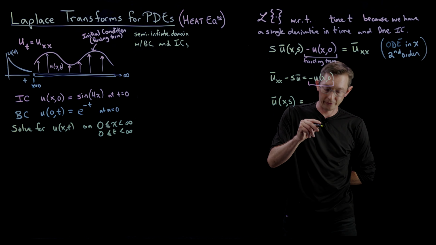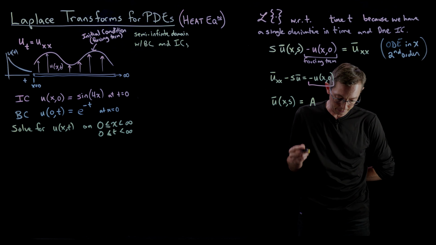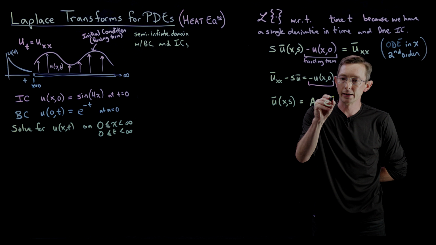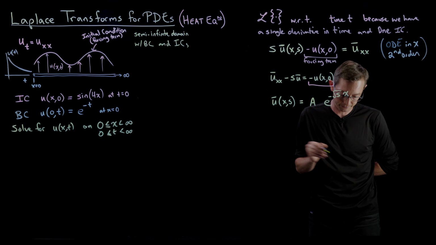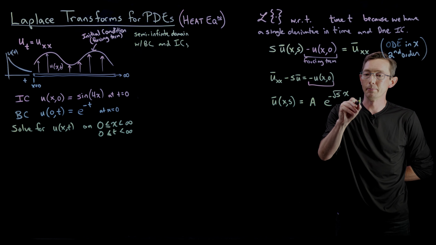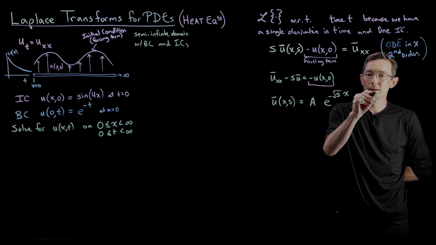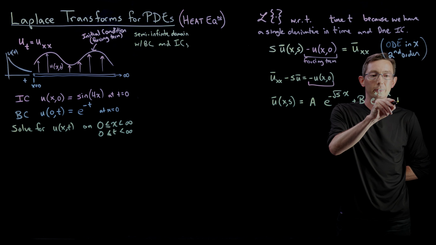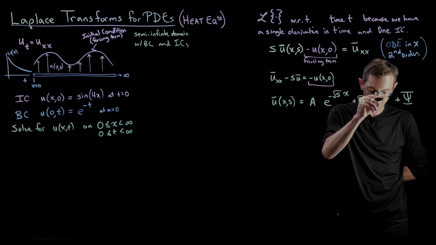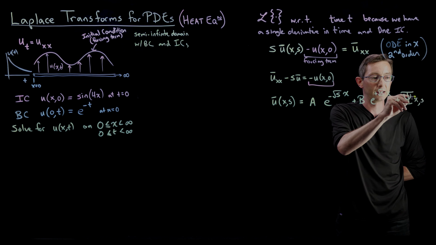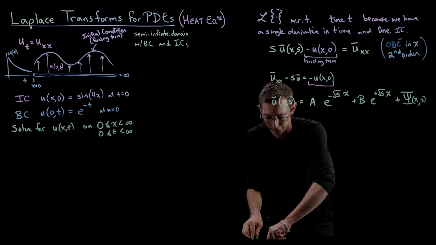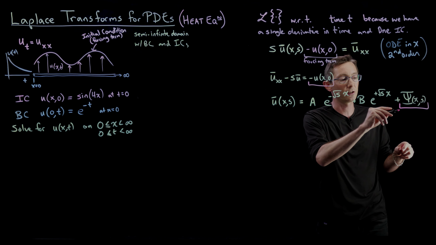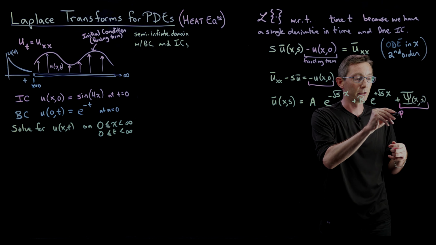So I have some constant a, e to the minus root s times x, plus another constant b times e to the plus root s x, plus whatever my particular solution is of x comma s. And if I was being really clever, I would have color-coded this pink, because due to my forcing term, this is my particular solution.